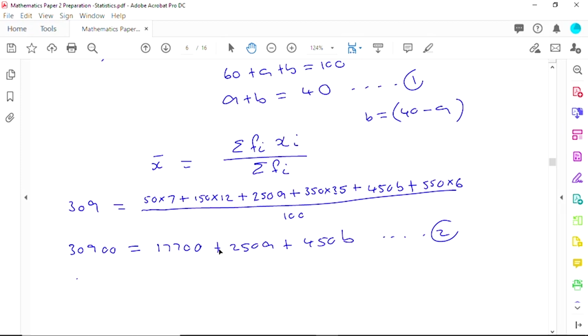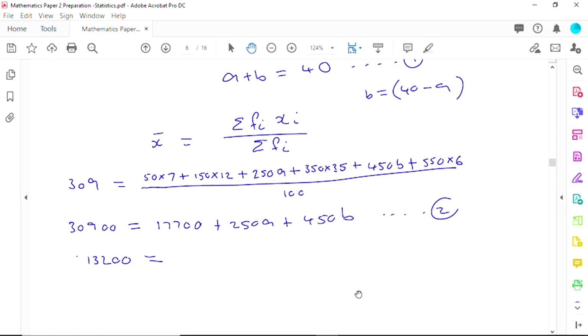If we subtract those two, we should get 13,200. 13,200 is equal to 250A plus 450B, where A is 40 minus B.